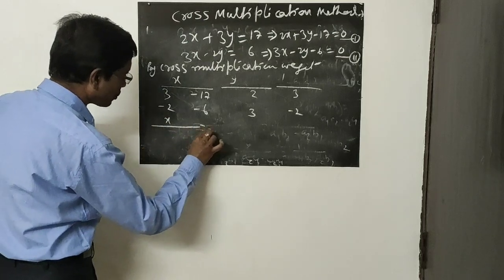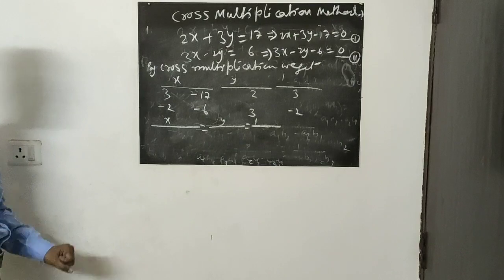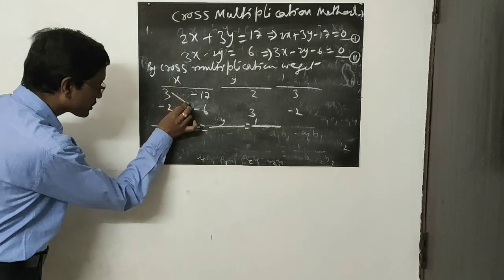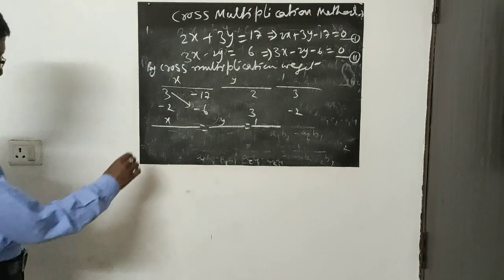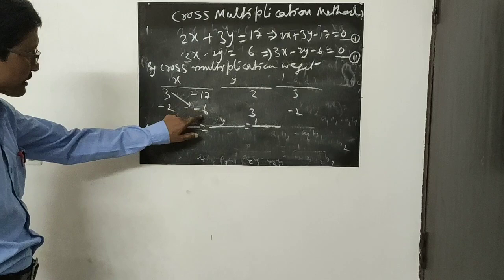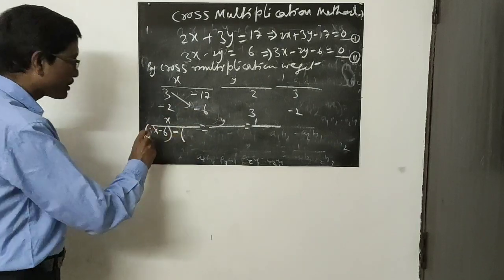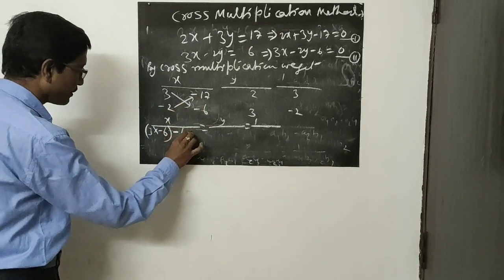Then x by, equal to y by, equal to 1 by. What will it be? First this order: so 3 into minus 6. I am writing it here once, the others you can do directly. 3 into minus 6, minus between them, these two: minus 2 into minus 17.